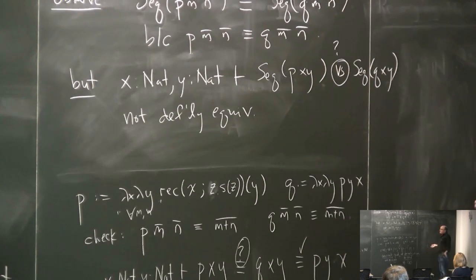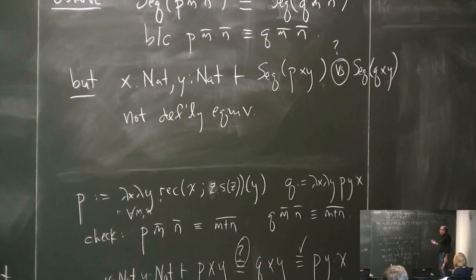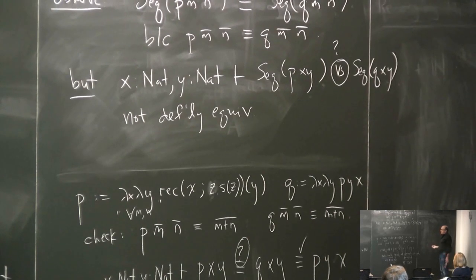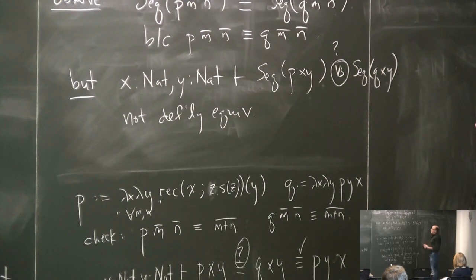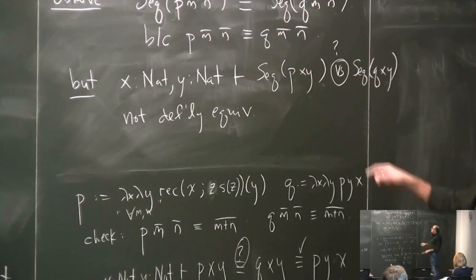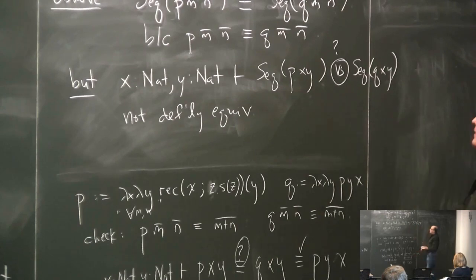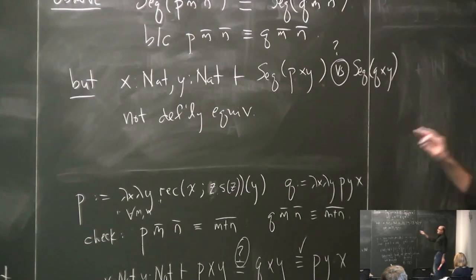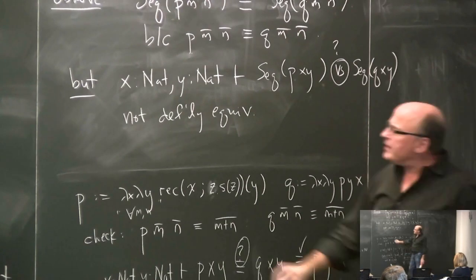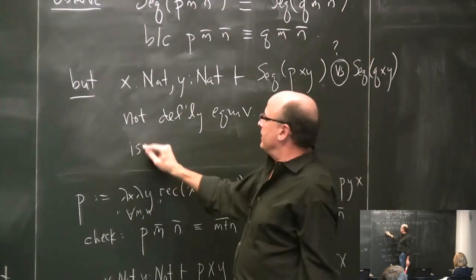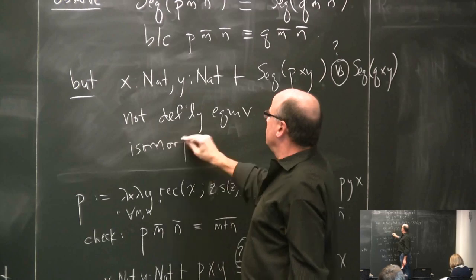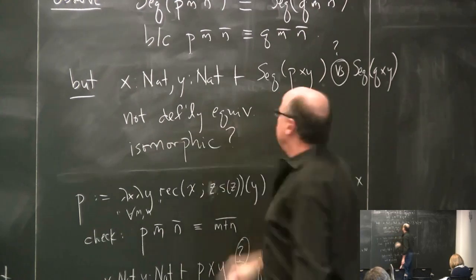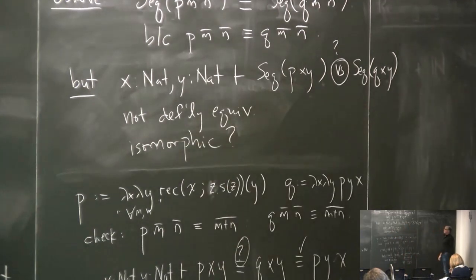And that's a very reasonable intuition, and the question is how to make sense of that, okay? So the way to make sense of it, to broach a subject that will come up later, is we might argue, at the very least, that they're not definitionally equivalent, but we might say that they are isomorphic. But this is going to raise another topic, so that's why I bring it up.